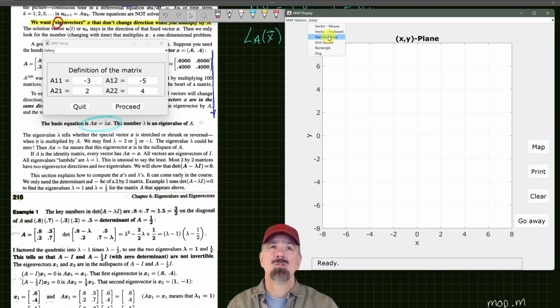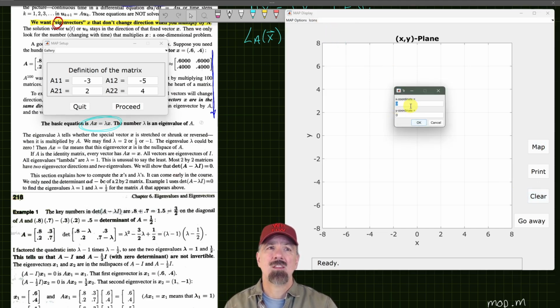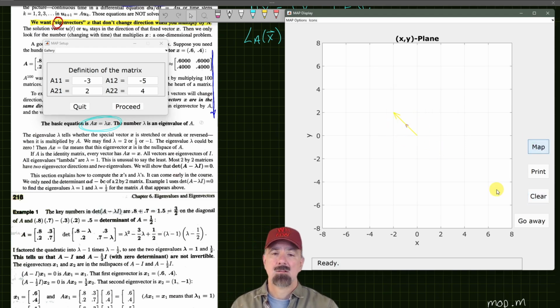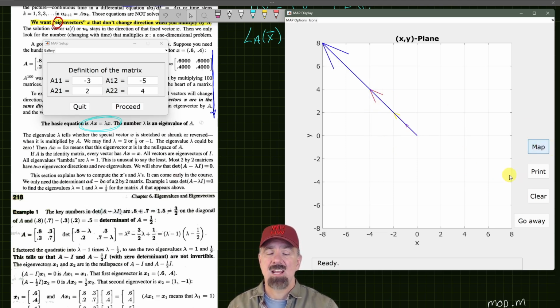I'm going to put in the vector -1, 1. So we have -1, 1, which is this vector right here. Now when we map it, we have the vector -2, 2. We map again, -4, 4. Map again, -8, 8. What's happening?